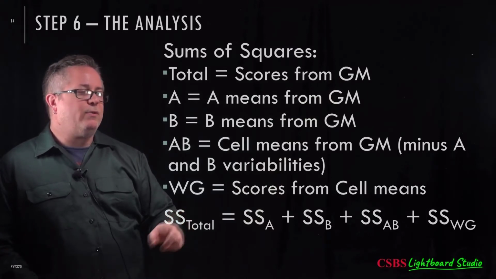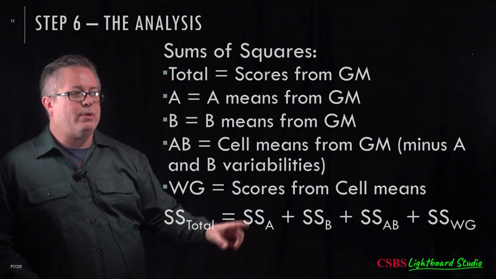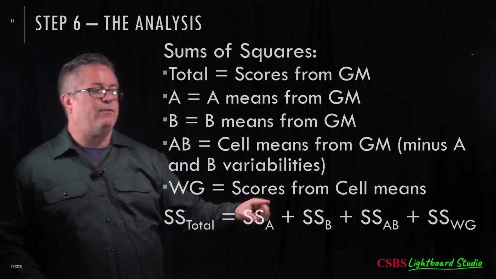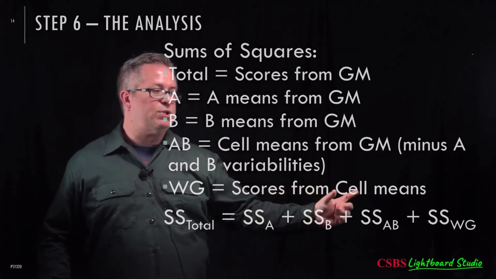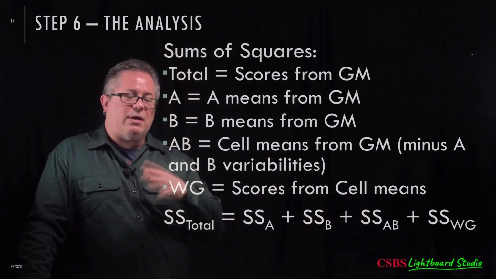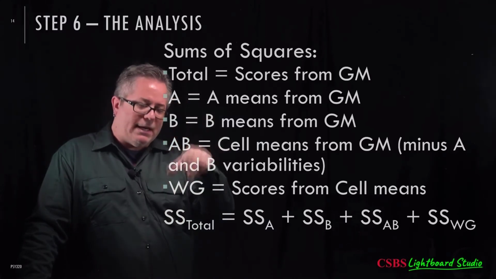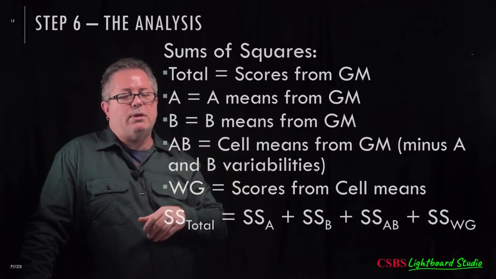Within is also essentially the same thing, because when we look at the individual groups, I want to look at how much the scores deviate from each of those cells. Now, the word cell is interesting, because you have A1, A2, A3 as different A groups, and you have B1, B2, B3.